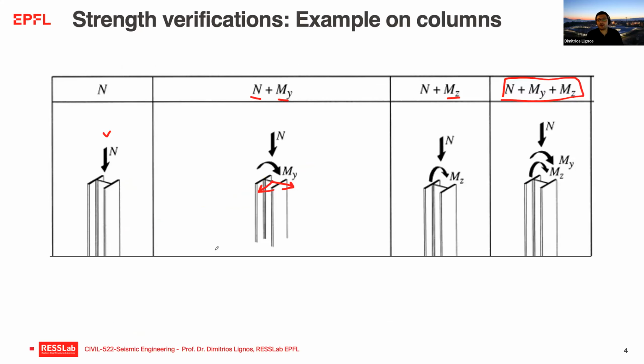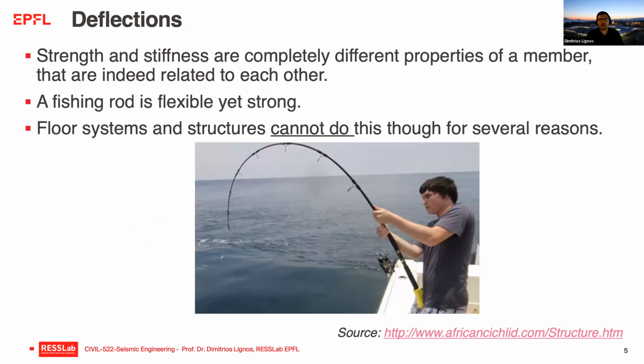in addition to strength verifications, and in particular for seismic loading, you should also be very cautious with deflections. And deflections could be very crucial because they relate to the stiffness of the element.